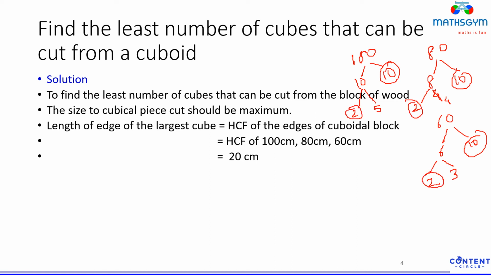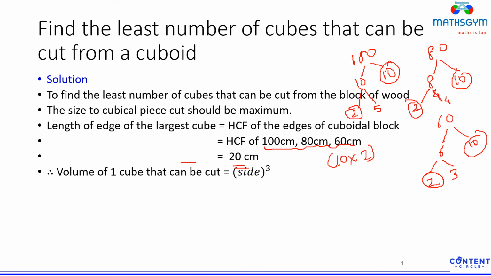So your HCF of these three will be 10 into 2, that is 20 centimeter. You can pause the video and draw your factor tree, and from that you will figure out the highest common factors. That's the easiest method you can use.